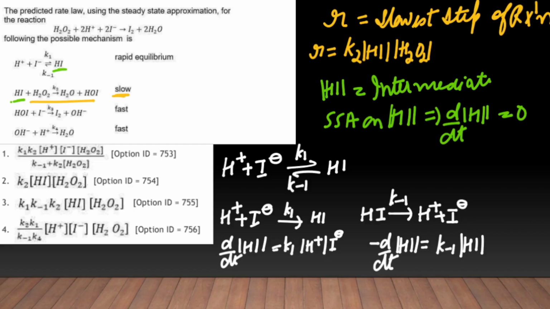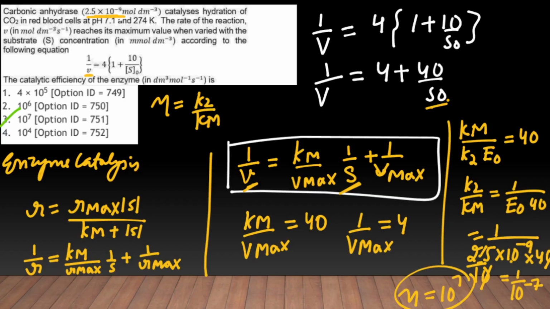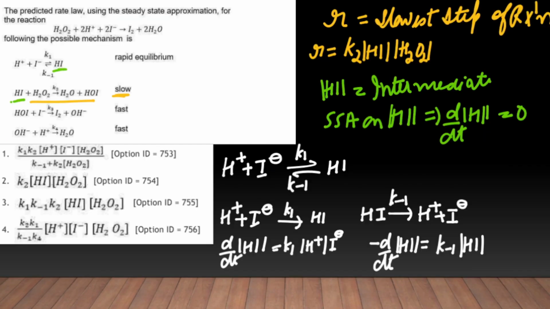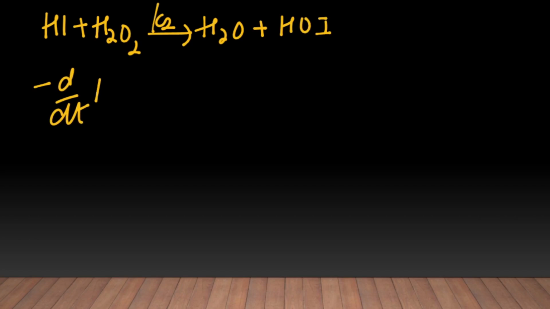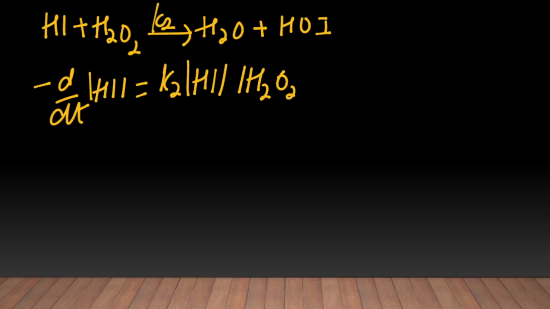And in the third reaction, HI plus H2O2, with the rate constant K2, gives us water plus HOI. This is the reaction. Again HI is consumed, so d by dt of HI will be equal to K2 times HI into H2O2, right?